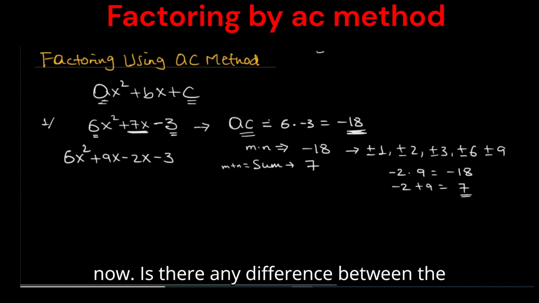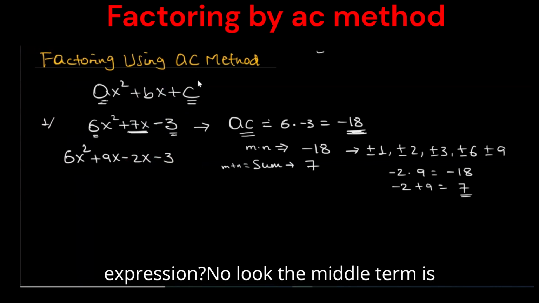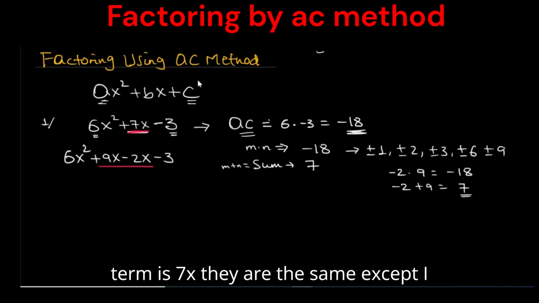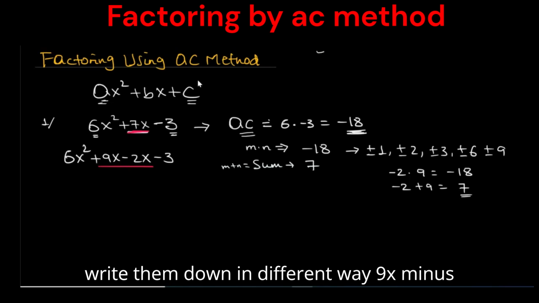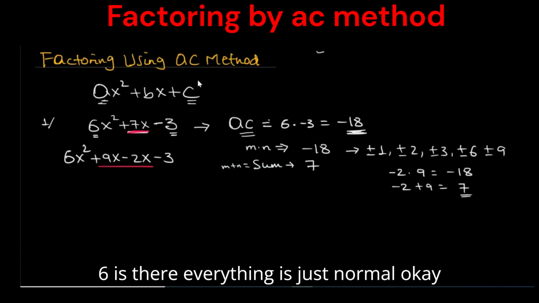Is there any difference between the first expression and the second expression? No. The middle term is 9x minus 2x, and the middle term is 7x. They are the same, except I write them down in a different way. 9x minus 2x is just 7x anyway. Negative 3 is there, 6 is there. Everything is just normal.